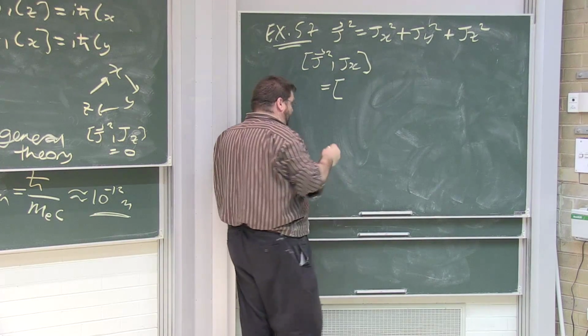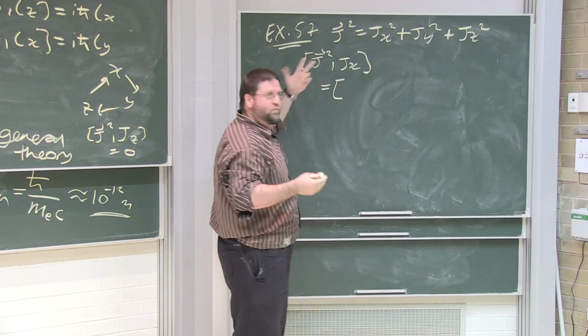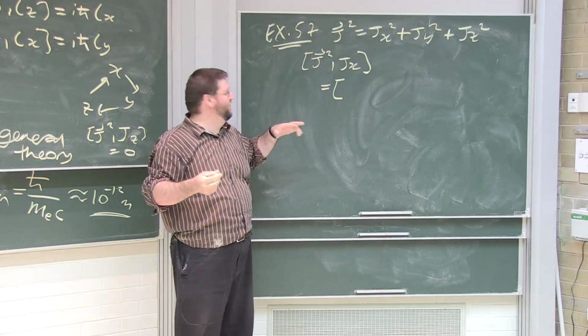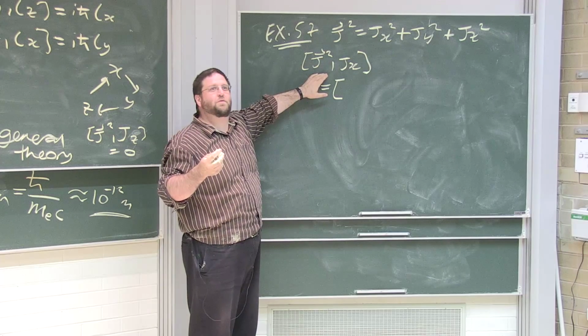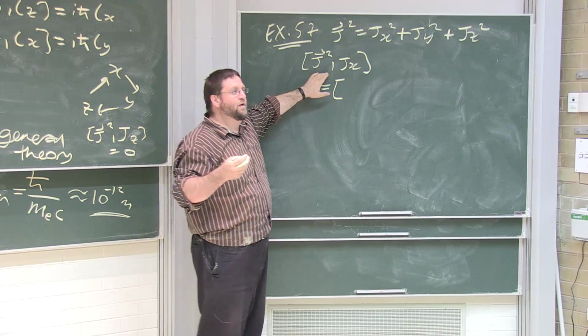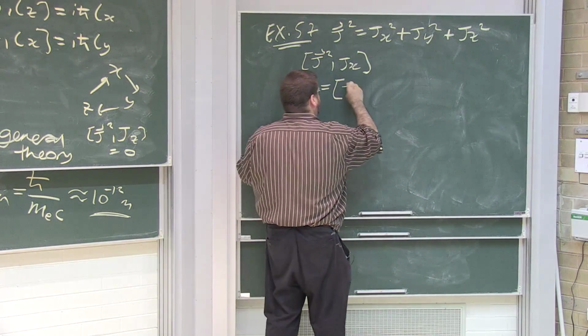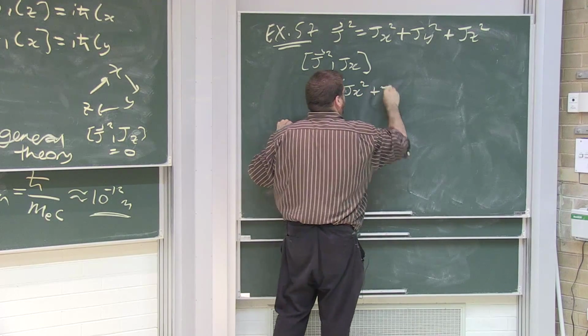So as a first step, what is a good first step? I'm stuck at the very beginning. I want to calculate this thing. What's the first thing I could do? Split up J squared into its components.